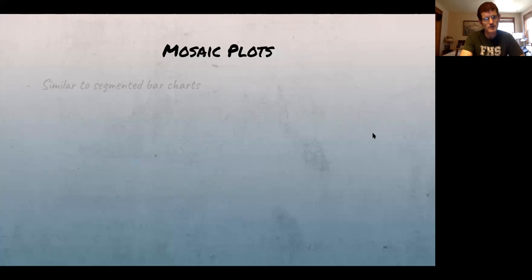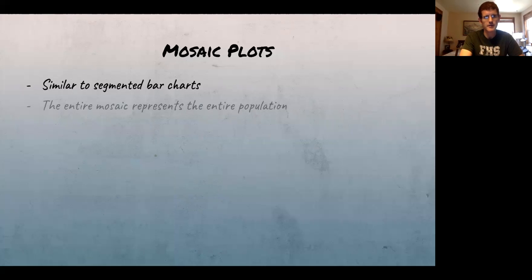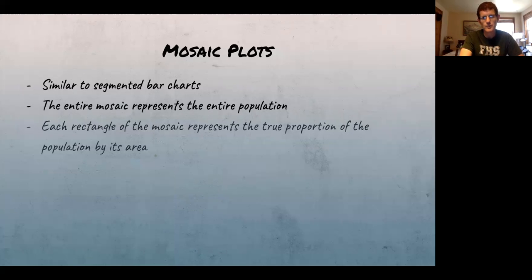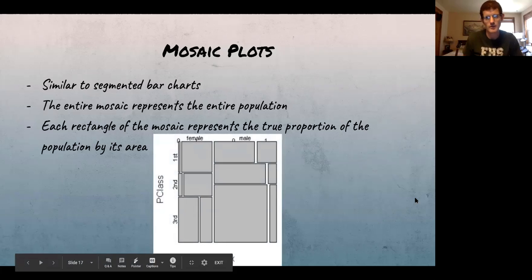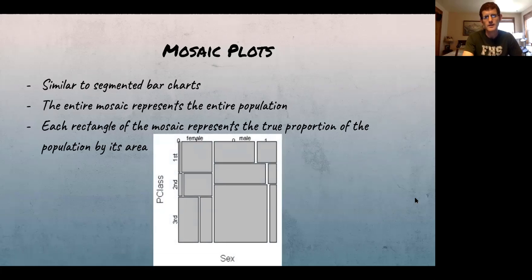Mosaic plots, all right, actually there's a few more things to talk about than I thought. They are similar to segmented bar charts. You're going to read something tonight to really make sure you understand it. I will quickly go over the way you read this. The entire box right here represents 100% of the population, of the sample, or whatever the sample represents.